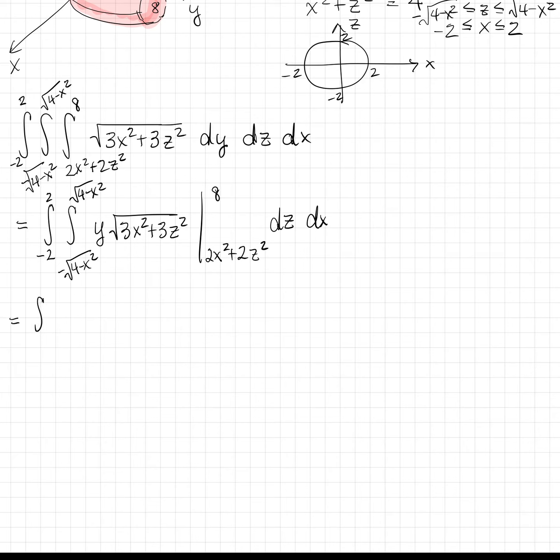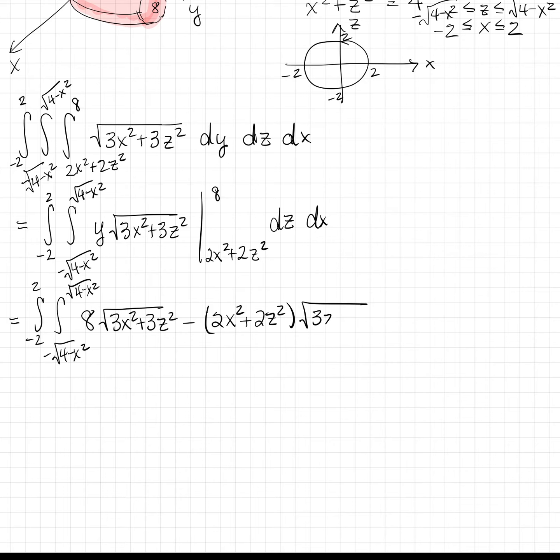So that's the integral from negative 2 to 2 of the integral from negative square root of 4 minus x squared to square root of 4 minus x squared of 8 square root of 3x squared plus 3z squared minus quantity 2x squared plus 2z squared times the square root of 3x squared plus 3z squared.